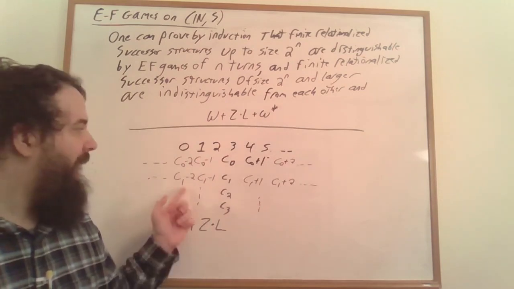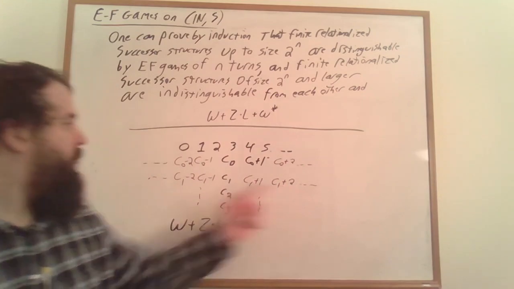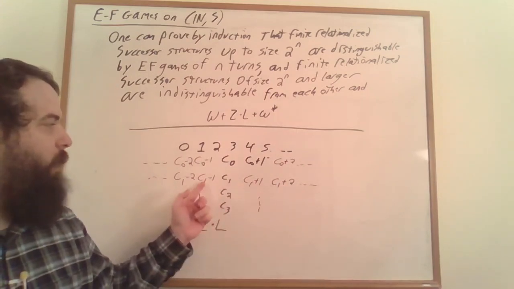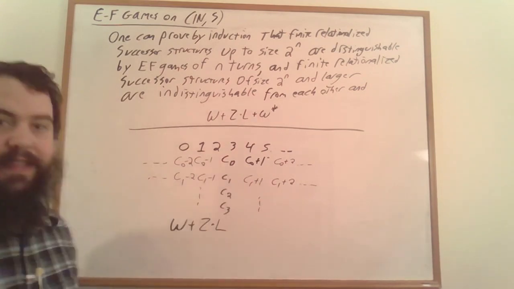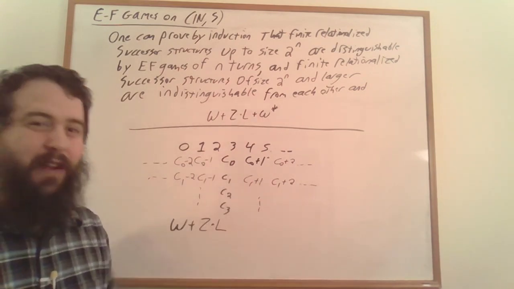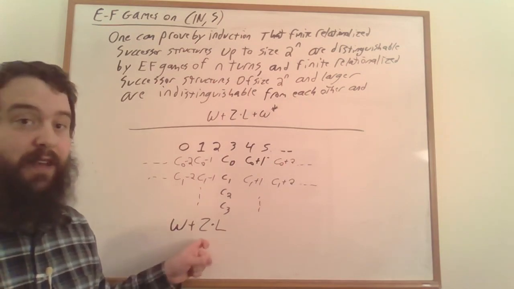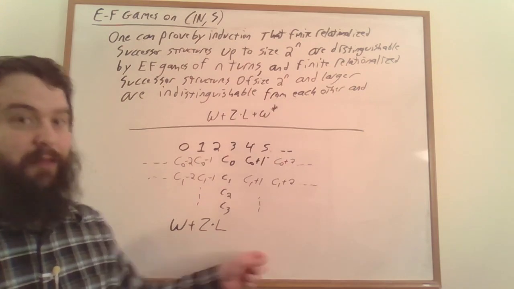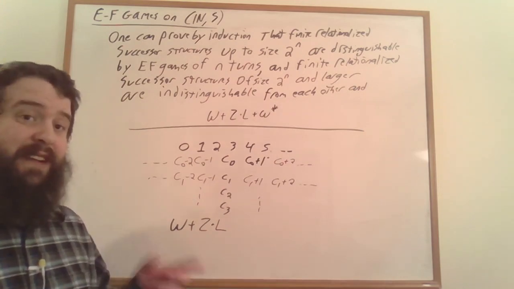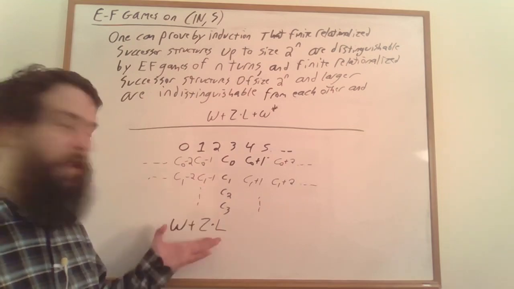Because if it accidentally happened to be the case that C1 plus 2 was equal to C1 minus 1, then we'd have a loop here in these elements. And again, we're trying to avoid that. We want omega plus some number of copies of the integers, not some number of copies of the integers and some number of loops.